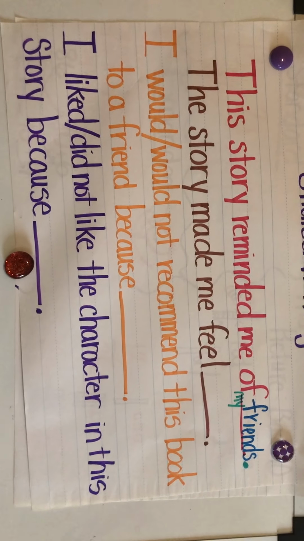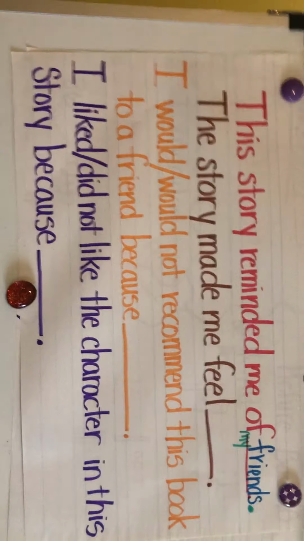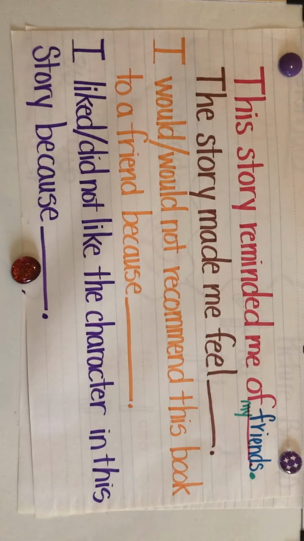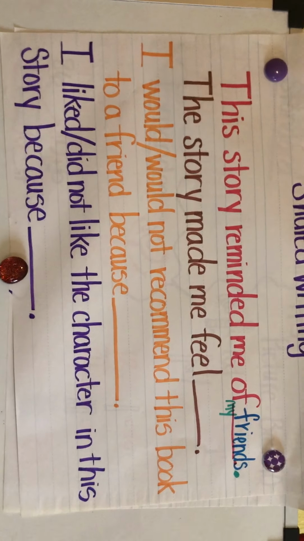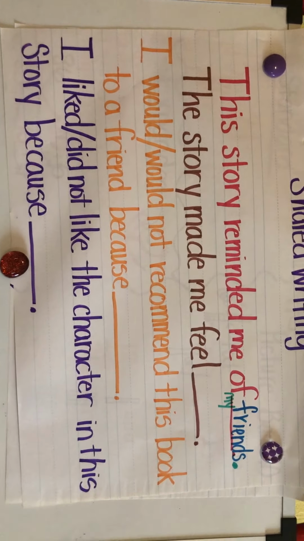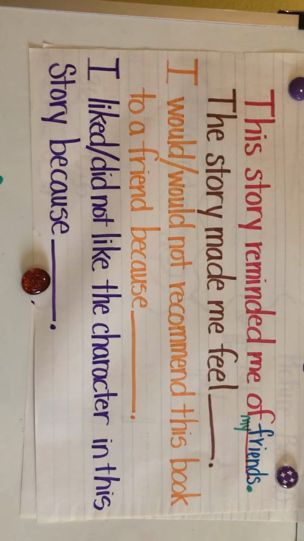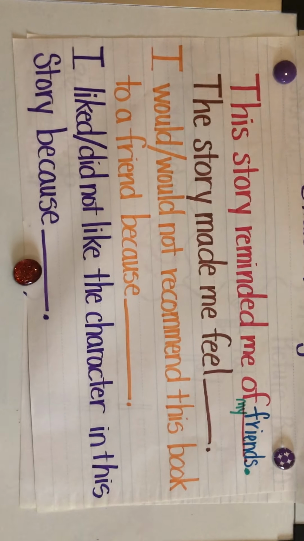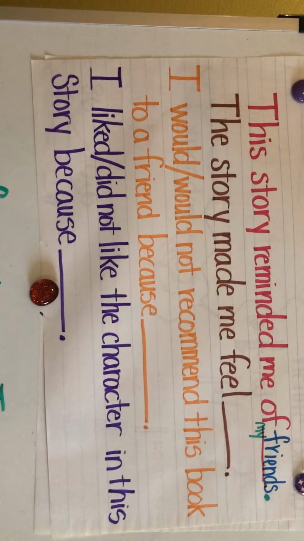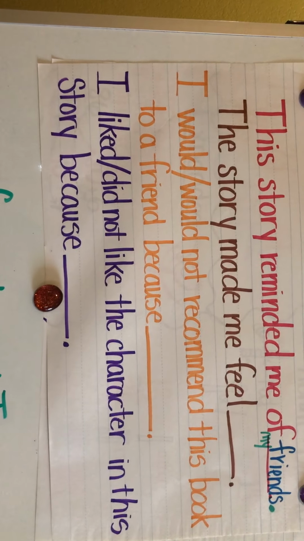Okay, they can choose. It makes no difference to me. All of them will let me know that they A, read the book, B, that they understood the book, and C, made a connection with the book, and D, were able to communicate that information to me by giving me examples of their thinking, of their thoughts and feelings.